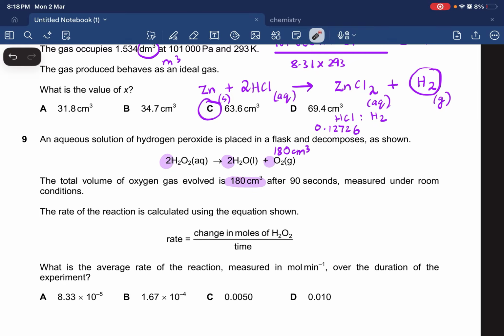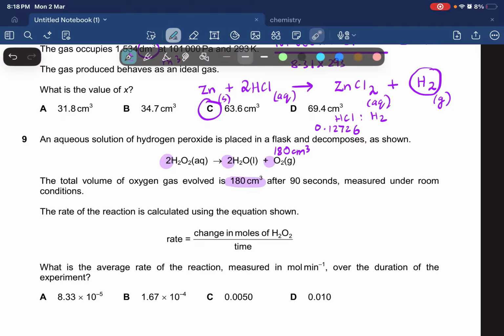The rate of the reaction is the change in H2O2 moles divided by the time. What is the average rate of decomposition in mole per minute over the duration of the experiment? So we got to calculate the change in moles divided by the time.